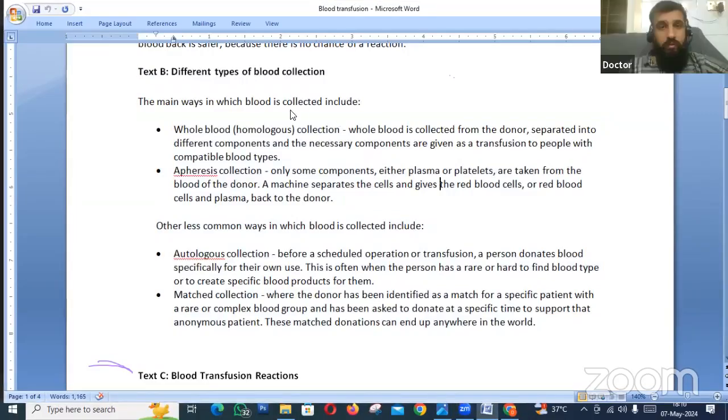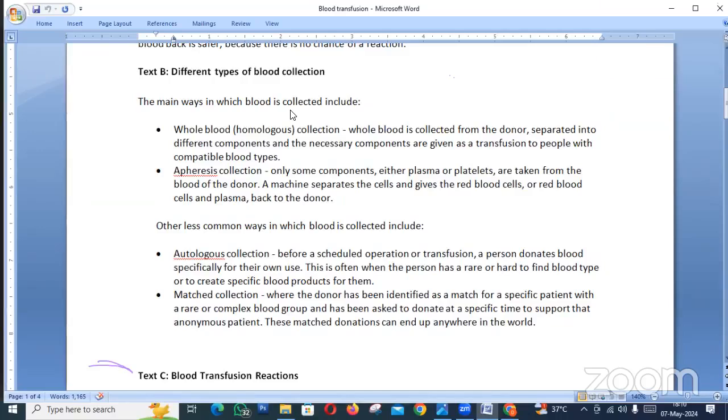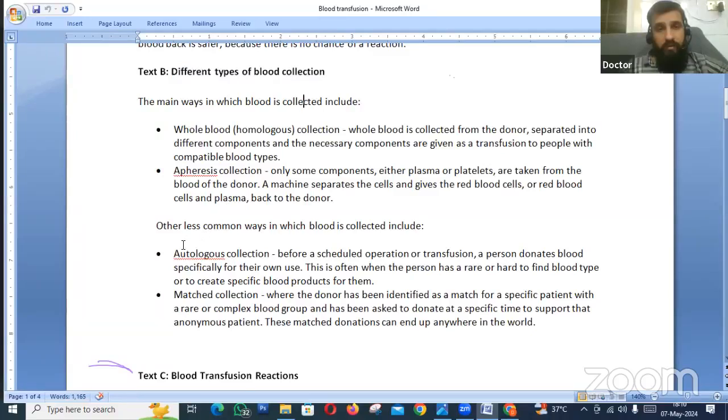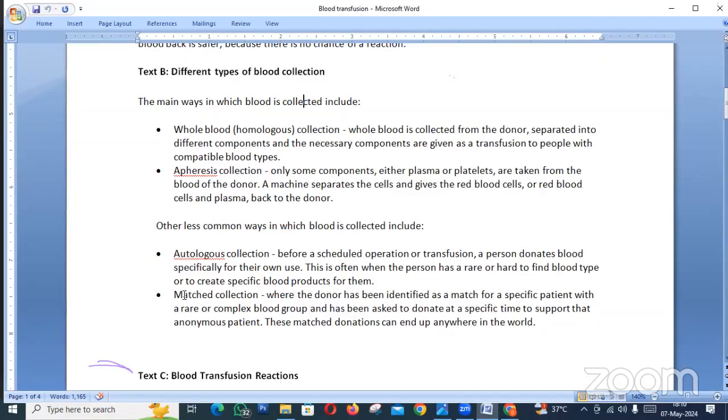Just tell me what the keywords are. The keywords here are whole blood, apheresis collection, autologous collection, matched collection. Yes, we have four main components we have to concentrate on.